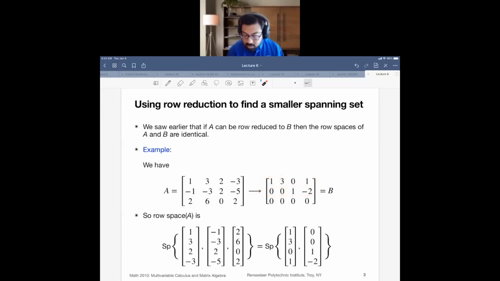So as you can see in the row reduced form, you only have two non-zero rows. The first one, 1, 3, 0, 1, which is right here, and the second one, which is right here, which is 0, 0, 1, negative 2, right? So whatever you can reach as a linear combination with three vectors, you are able to do that with just two vectors, which means that one of those other vectors was not giving me any new information.